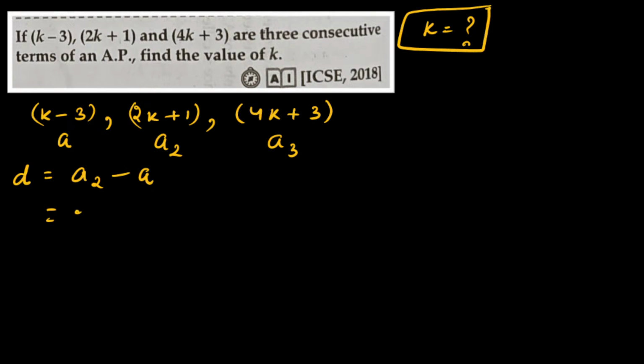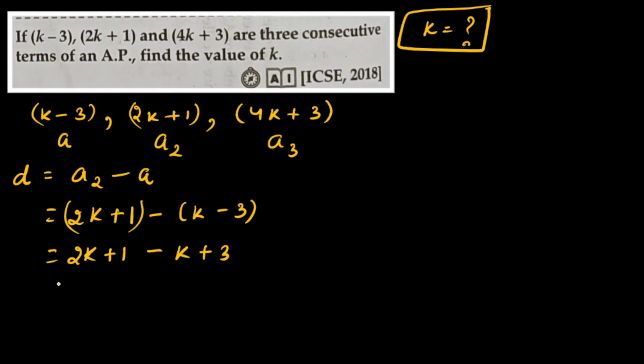So A2's value I'm writing as 2k plus 1 minus A1. Write it in brackets because the minus sign is there. Many students will make a mistake here by not changing the minus sign. So 2k plus 1 minus (k minus 3).